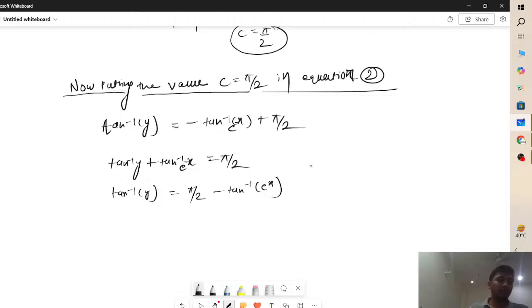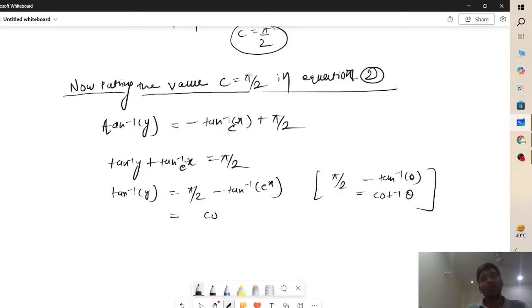Now we know that pi by 2 minus tan inverse theta, what we get in inverse trigonometry we have studied already, it always becomes cot inverse theta, and theta is our here e^x. So can we write like this? Cot inverse e^x. Can we write like this?